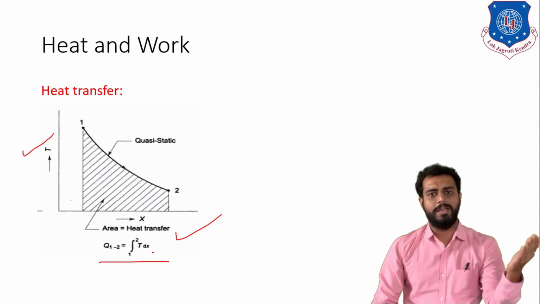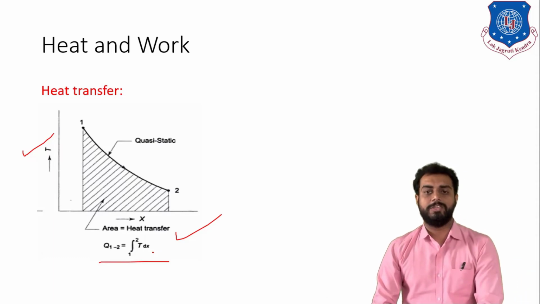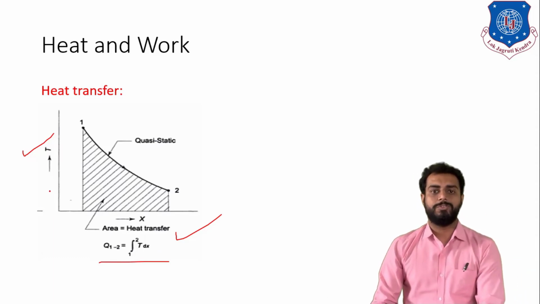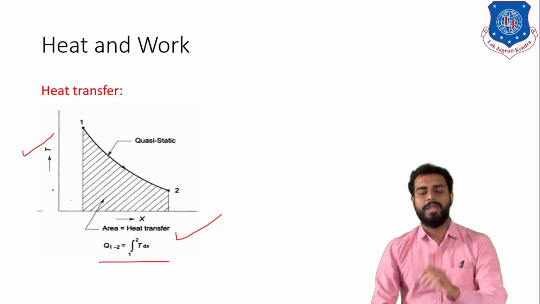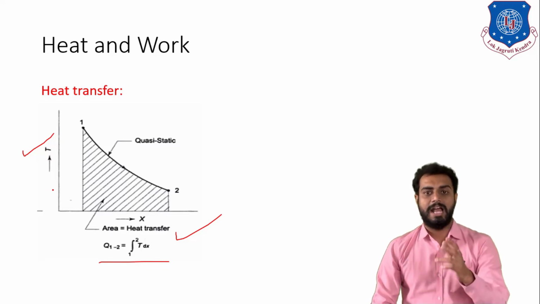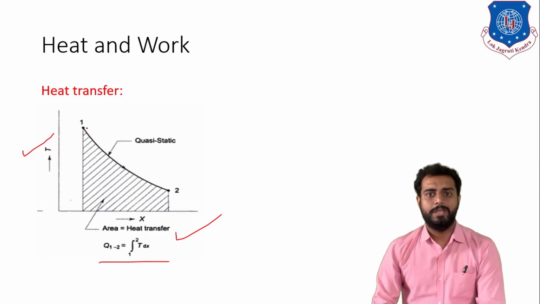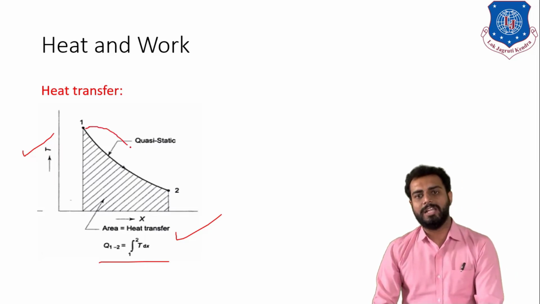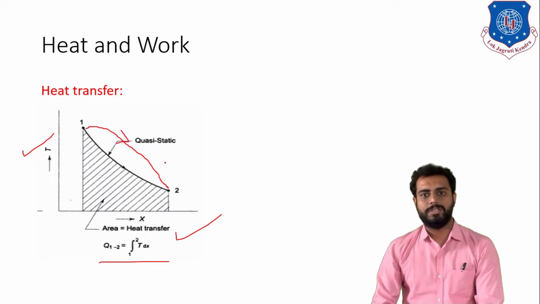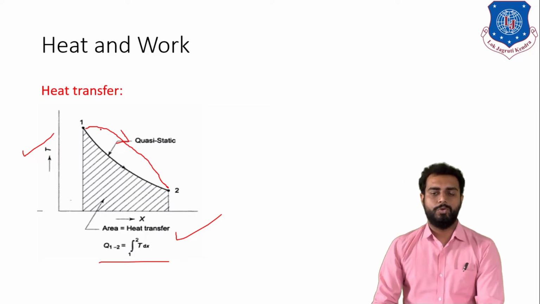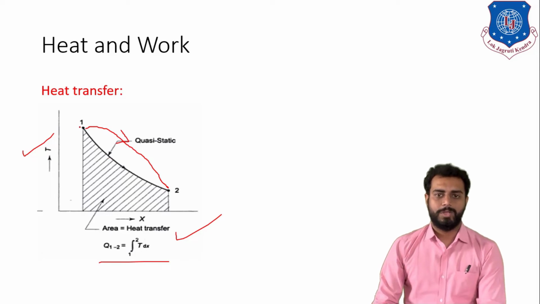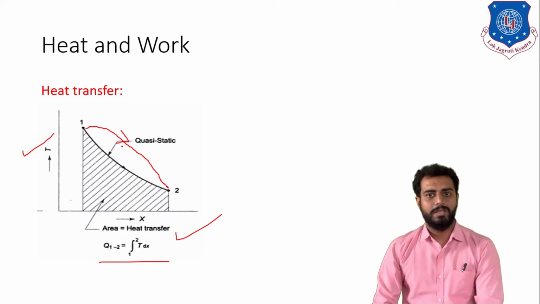It is just like the work transfer, but in case of work transfer, the graph was what? Pressure versus volume, and in case of heat transfer, the graph is in the form of temperature versus entropy. Here again, you can prove that it is a path function. If you draw another line like this, that is for process 1 to 2, you have two different lines, or you can say two different paths, right?